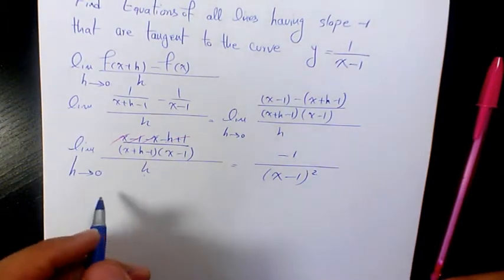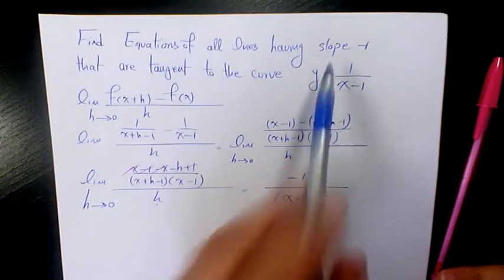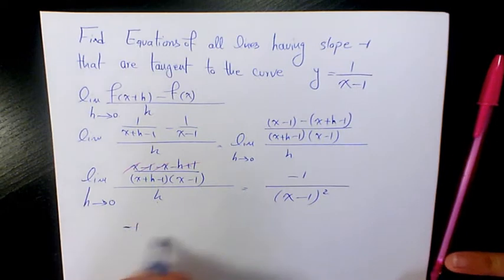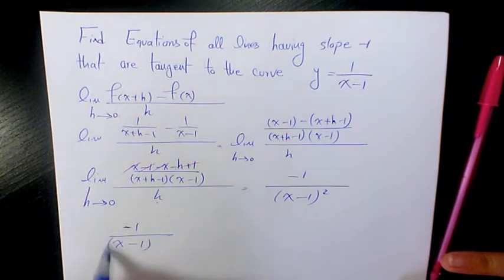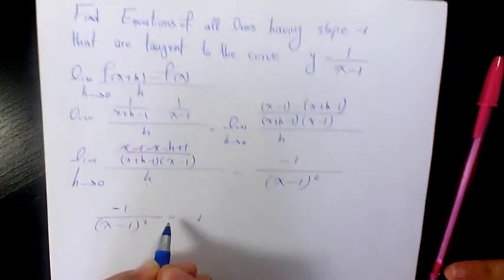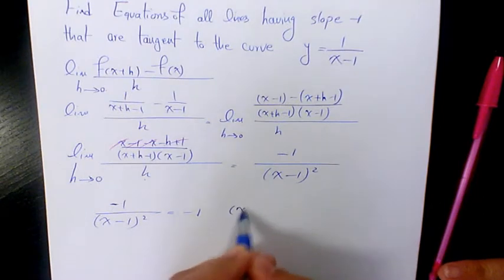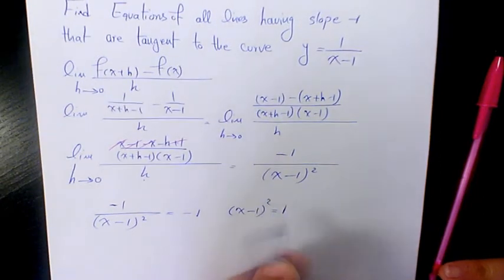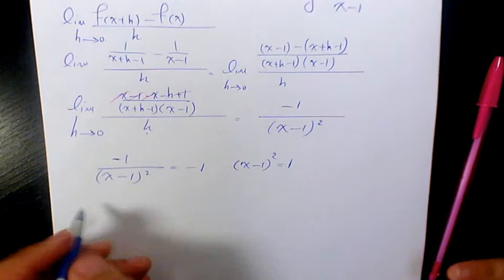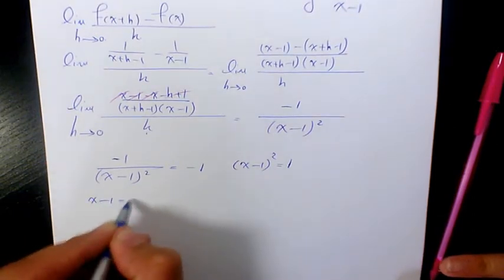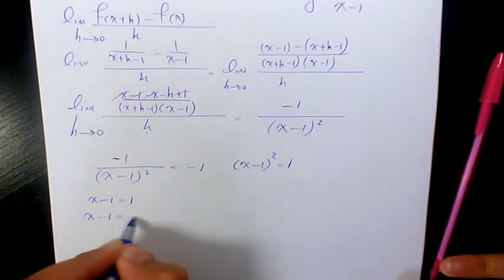And it says the slope has to be -1, so it's going to be -1 over x minus 1 squared equals -1. It means that x minus 1 squared equals 1. So it means that x minus 1 equals 1, or x minus 1 equals -1.